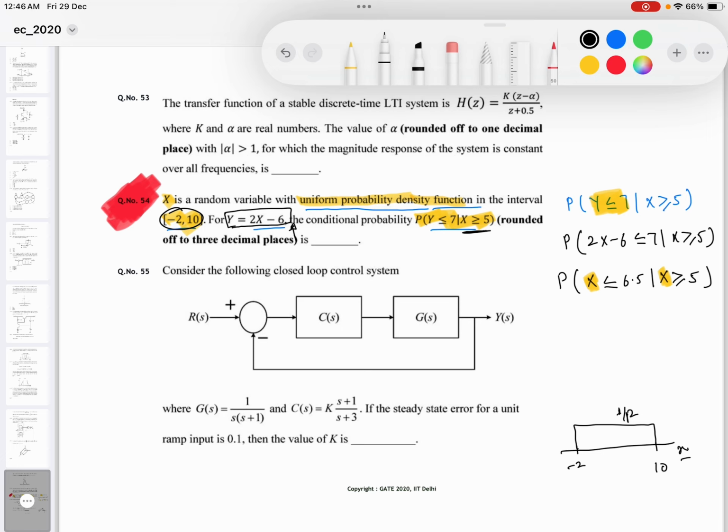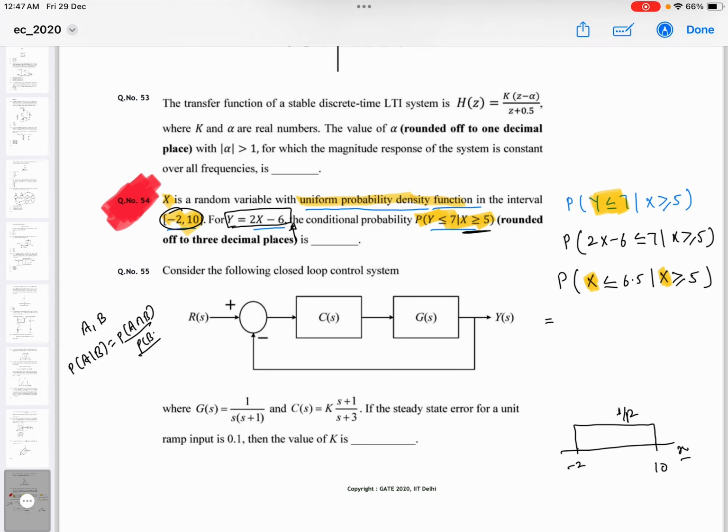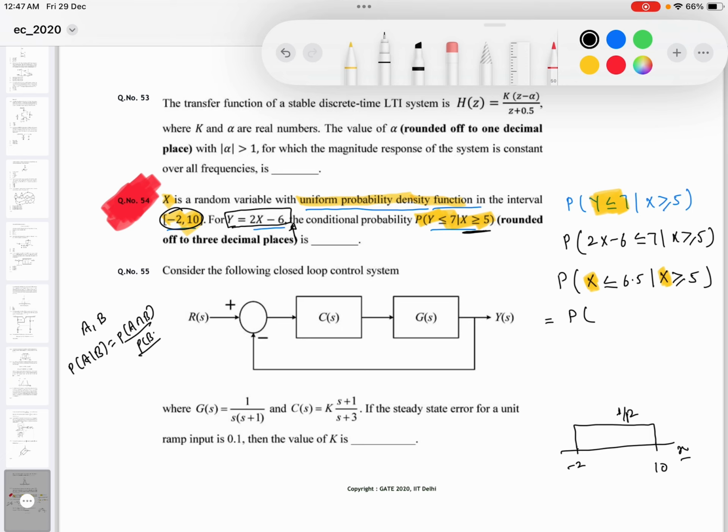So if we have two events A and B, then the probability of A given B is equal to the probability of A intersection B divided by the probability of B, right? With the same analogy, here we can write this conditional event as the probability that x is less than 6.5 intersection x is greater than 5, divided by the probability of event B, that x is greater than or equal to 5, right?